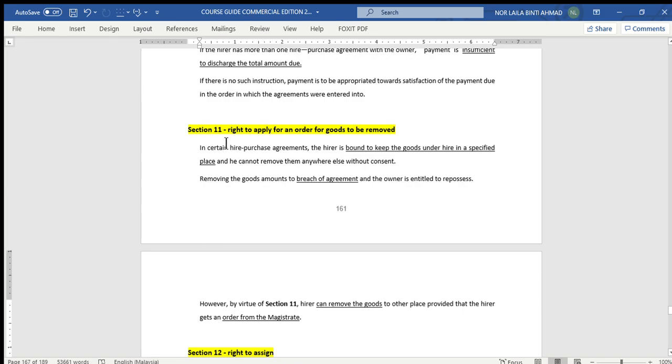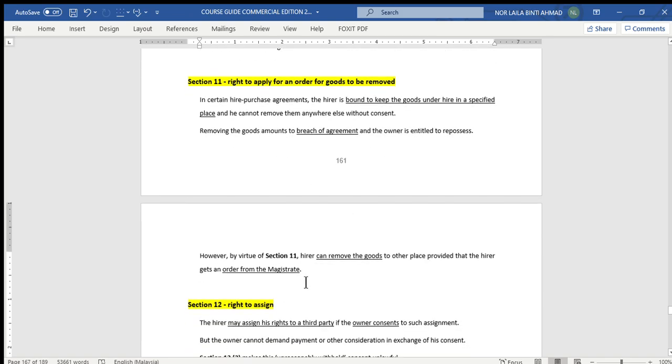Okay, Section 11, right to apply for an order for goods to be removed. So can the hirer remove the goods from the address that he registered in the hire purchase agreement? The answer is no, because removing the goods amounts to a breach of agreement and the owner is entitled to repossess. However, there is an exception. By virtue of Section 11, the hirer can remove the goods to another place provided that the hirer gets an order from the magistrate.